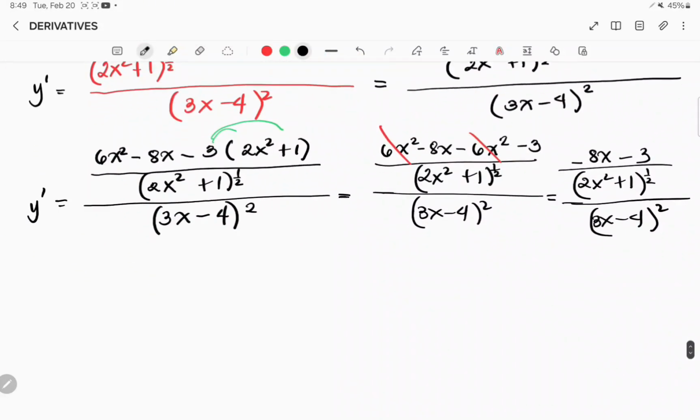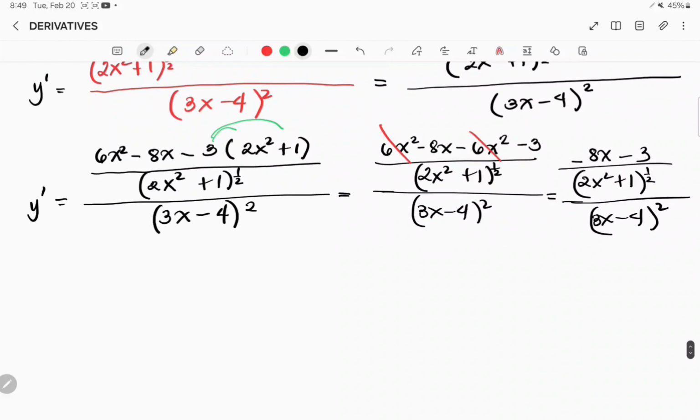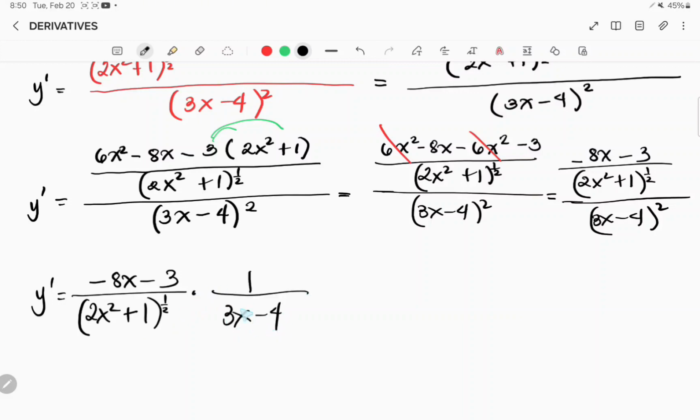As we continue the solution, we have to reciprocate this denominator and multiply it to the numerator. So y prime is going to be negative 8x minus 3 over 2x squared plus 1 raised to 1 half times 1 over 3x minus 4 raised to 1 half.